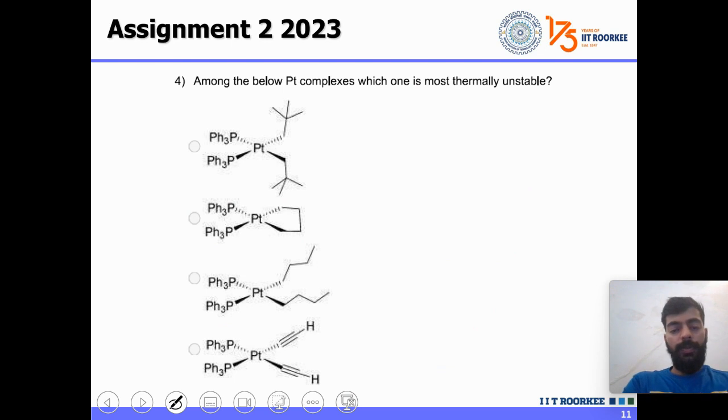So among the below platinum complexes, which one is the most thermally stable? I have addressed this type of questions around 2 times during my previous 3 lectures. So I will be expecting an answer from you guys. Please tell me which is the correct answer. You have only 1 minute for this question.